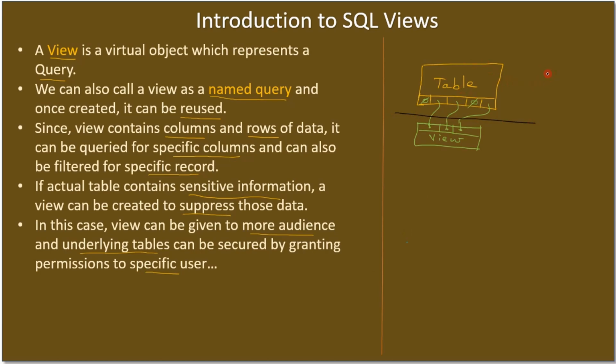Using the permission grant, the table will be given to specific users, but the view is given to more users. So let's say that these users can access only these three columns and they cannot access the sensitive information, or they don't even have access to the underlying table. So the table is given only to admin and other privileged users.